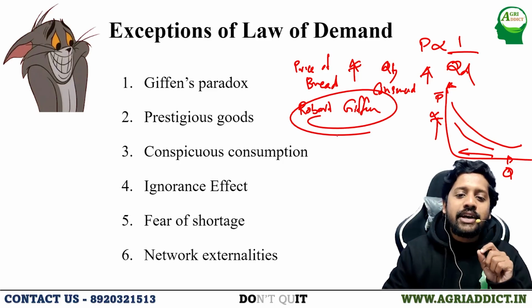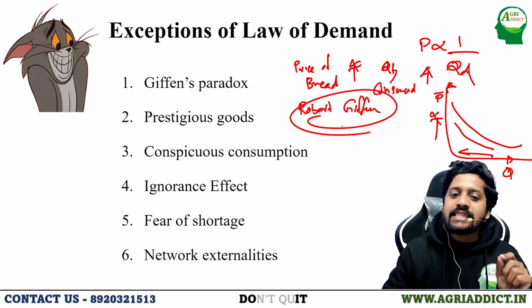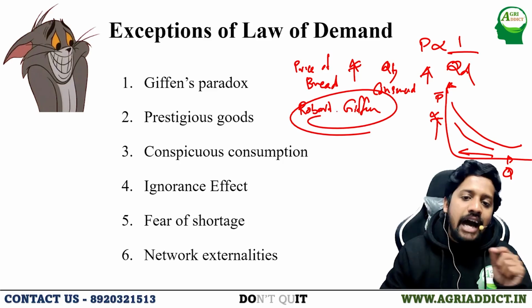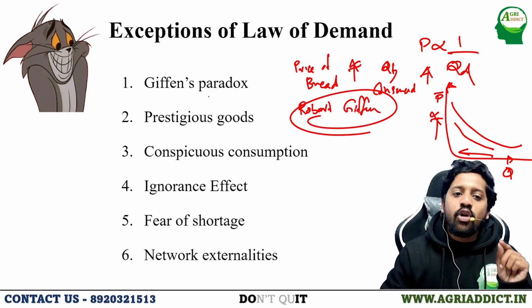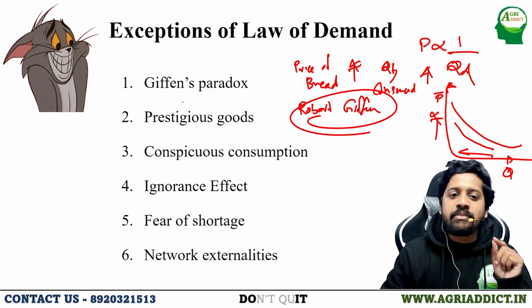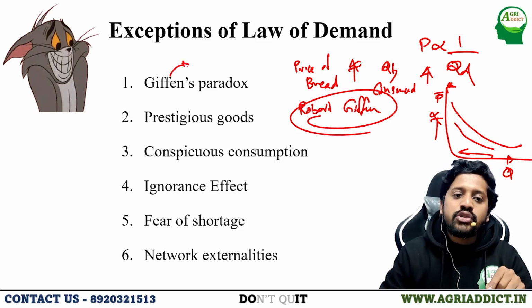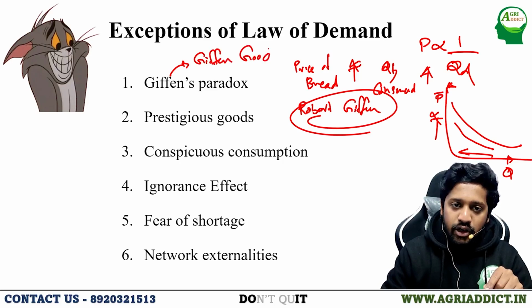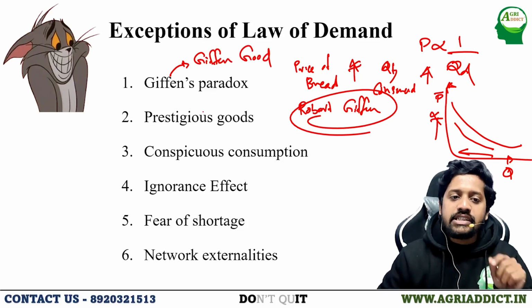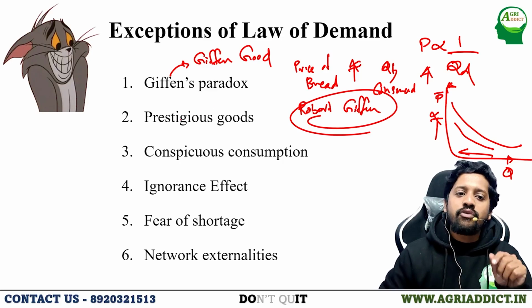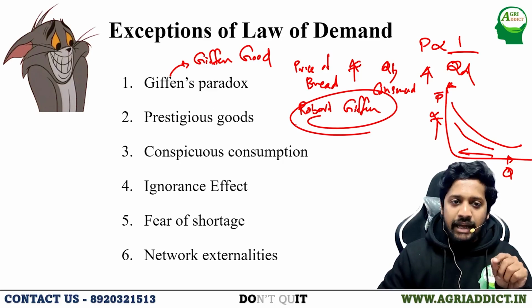So this paradox was observed by the then statistician Robert Giffen, and after him this exception was given the name Giffen's paradox, and those goods were termed Giffen goods. So the first and foremost exception to the law of demand was given by Robert Giffen, and that was the Giffen paradox.